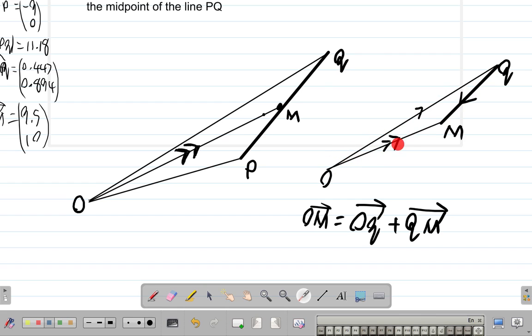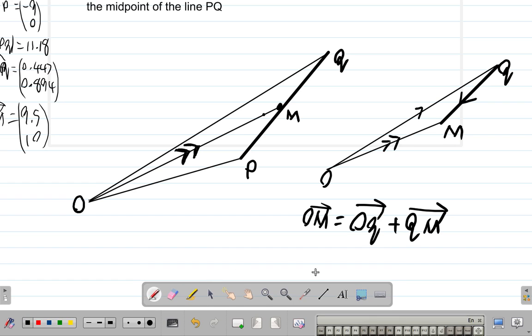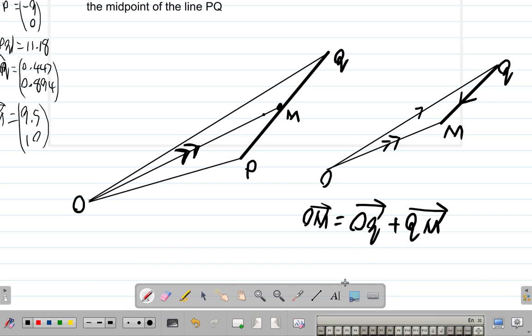So while I follow the resultant, I'm opposed by the arrows of the other two vectors. So here now, we have OM is OQ plus QM.